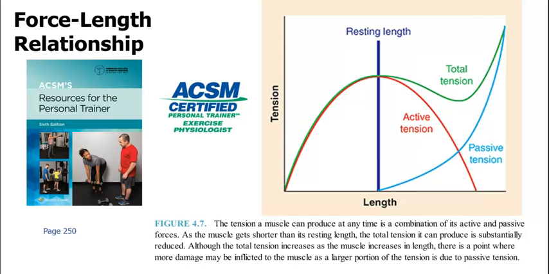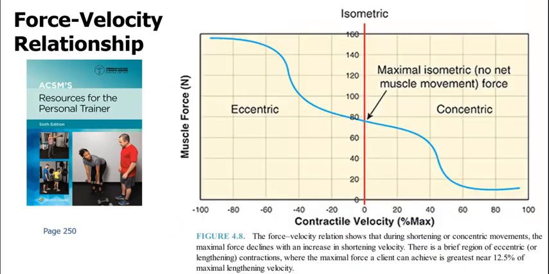Another concept in this chapter on biomechanics of the ACSM Resources for the Personal Trainer is the force-velocity relationship. The force-velocity relationship refers to the inverse relationship between the force muscles can generate and the velocity of contraction.